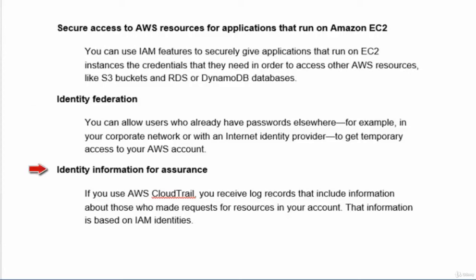The next feature is identity information for assurance. Suppose there are many users who are using multiple resources and the logs are generated and saved in CloudTrail. To identify who made what changes, you need some identity information, and by using that information, you can do an audit of your AWS environment. So this is another benefit of IAM.